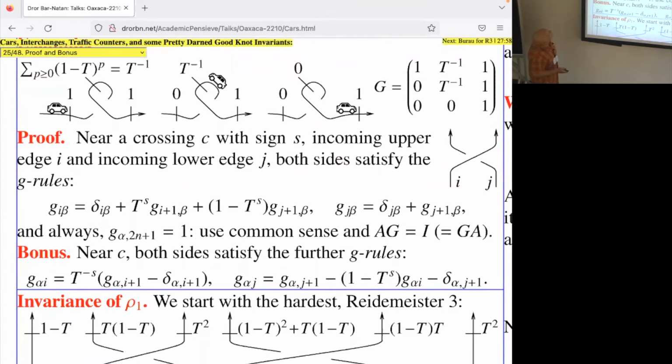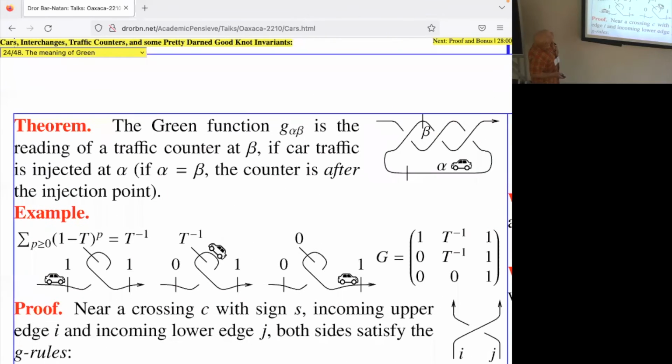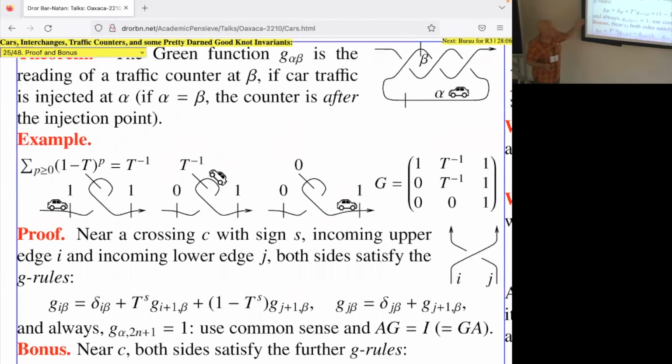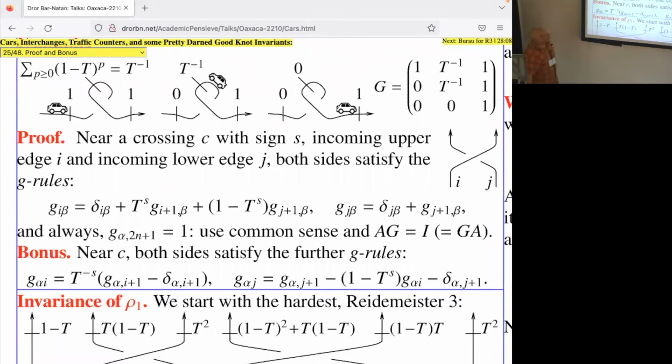Theorem. Oh, sorry, I have to prove the theorem, right? I gave an example, but now I have to prove it. Basically, both sides of the theorem, the traffic measurement and the Green function, namely the inverse of the matrix A, satisfy some equations.